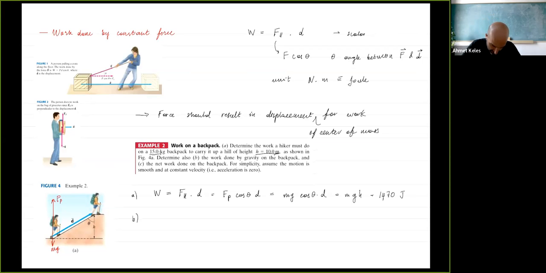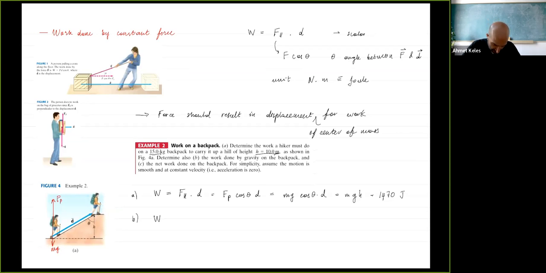And for B, we are supposed to calculate the work done by gravity on the backpack. So it's exactly the same, but now gravity is down, displacement is in this direction, and I need this angle. If I project this angle to here, I see that gravity is in the opposite direction, so it's acting in the negative direction.